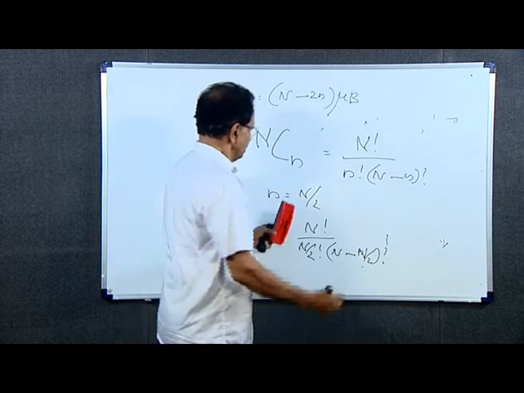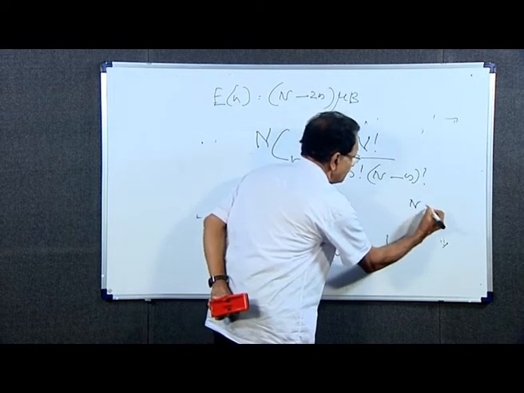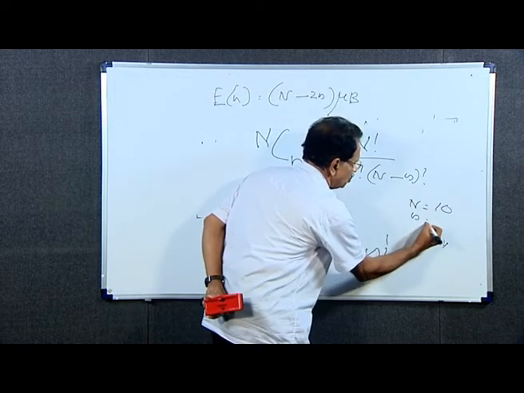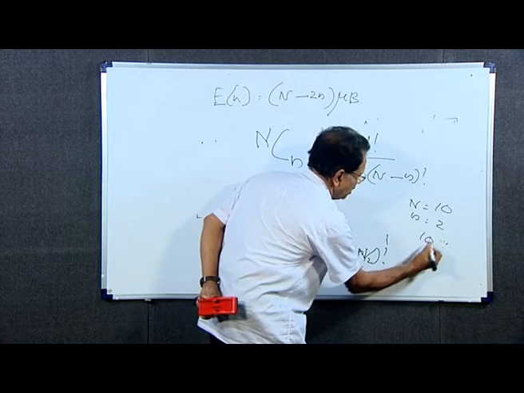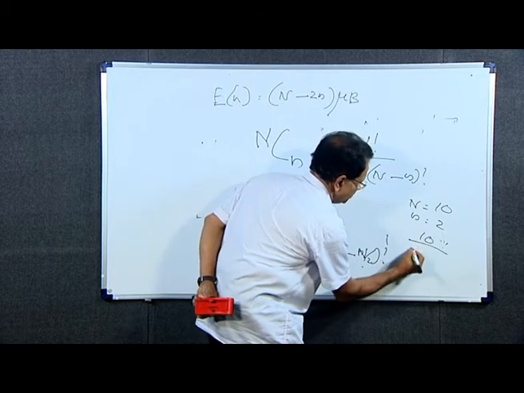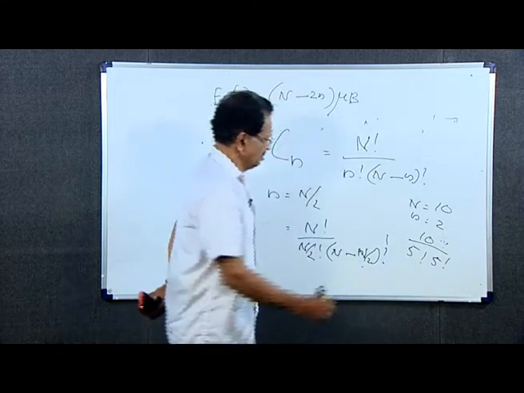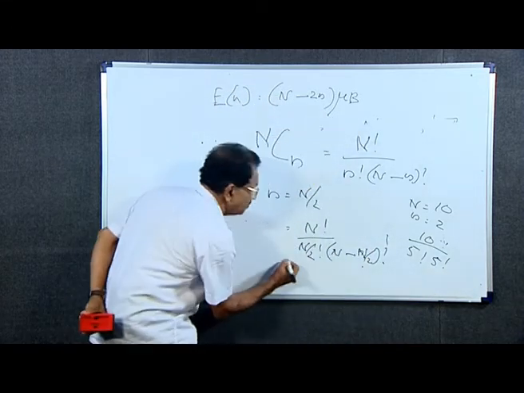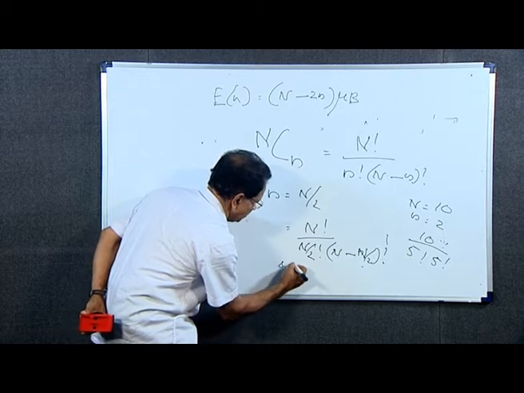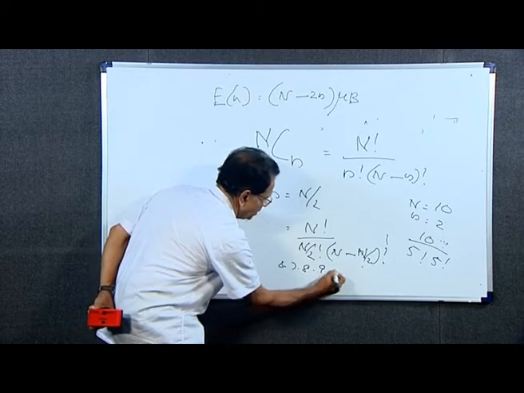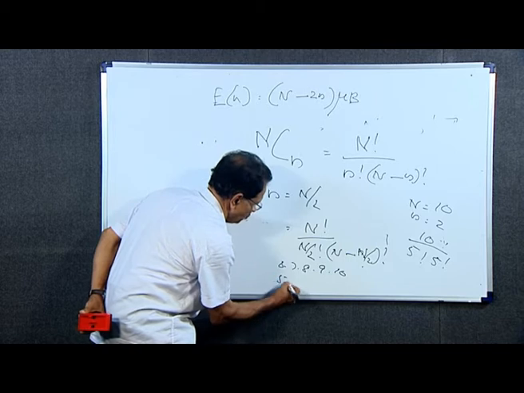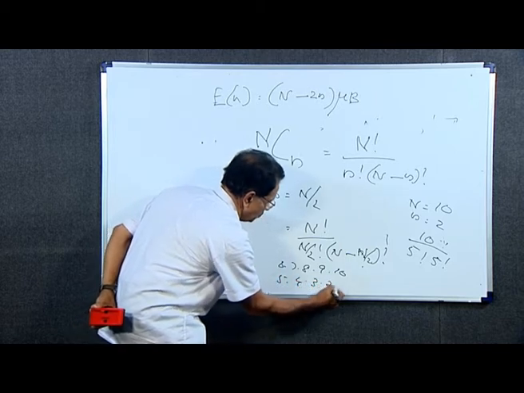For example, if N is equal to 10 and small n is 5, it is 10 factorial over 5 factorial times 5 factorial. 10 factorial divided by 5 factorial becomes 6, 7, 8, 9, 10, and the other 5 factorial is 5, 4, 3, 2, 1.